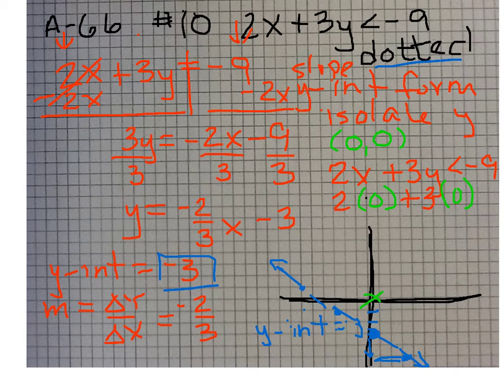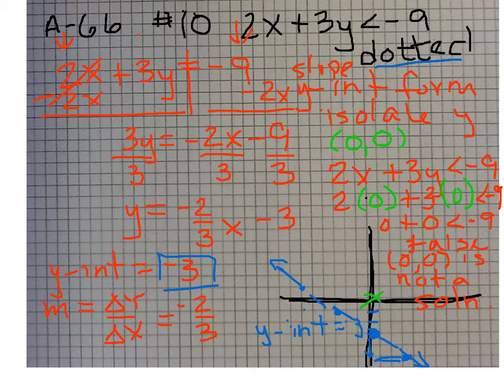And that has to be less than negative 9. There it is. And now that gives me 0 plus 0 is less than negative 9. And that is false. So I know 0, 0 is not a solution.